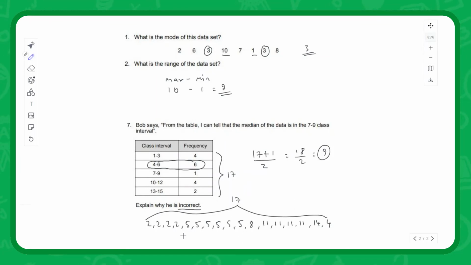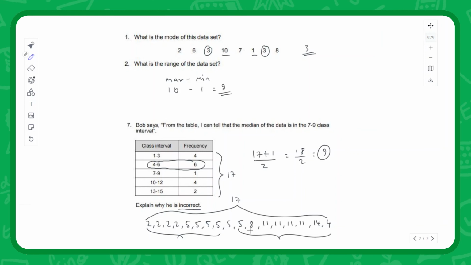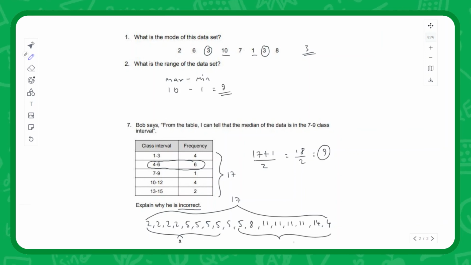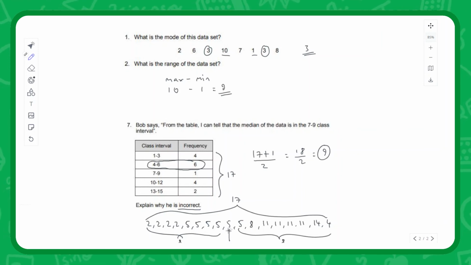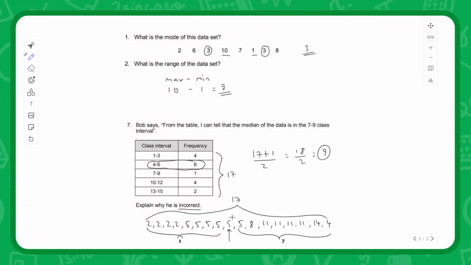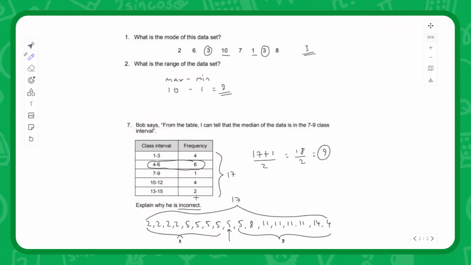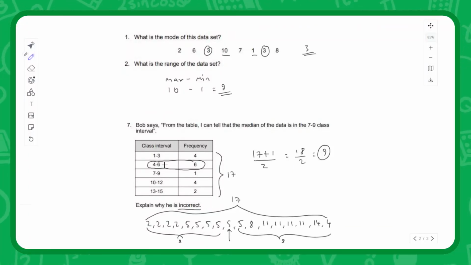So we can count along 8 from the left, which is going to be that. We can count along 8 from the right, which is going to be that. And the middle number that's left, that middle number there, is our median, right? That 5 is in our 4 to 6 class interval.